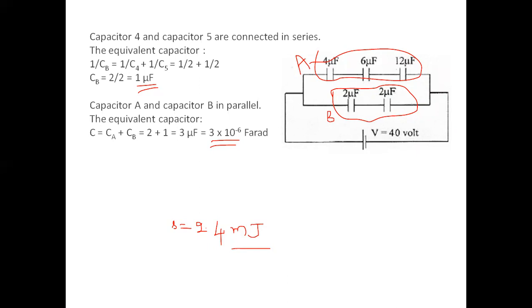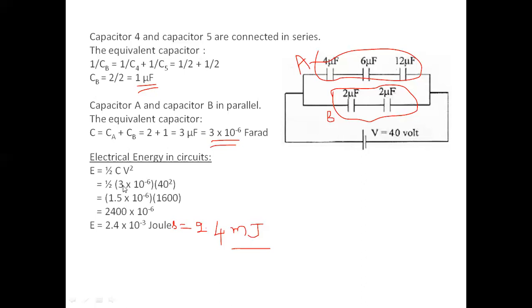But our main objective is you need to find electrical energy. So we know the value of voltage, it is given in the problem, and capacitance we just found. So substitute these two values in the expression, that is half CV square. That is the electrical energy in the capacitor. Substitute and simplify this.